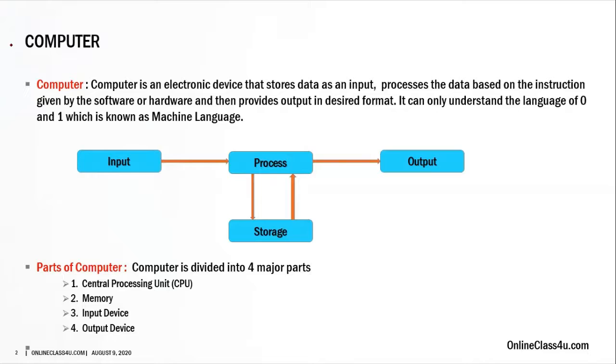Then from memory, it comes to the arithmetic and logic unit. That means according to the instructions, if there are mathematical calculations, then it will come to the arithmetic and logic unit. After doing the calculations, it will again go to the memory. If we want to store it, it will be stored in the memory, and otherwise if you want to give an output, then it will go directly to the output device.